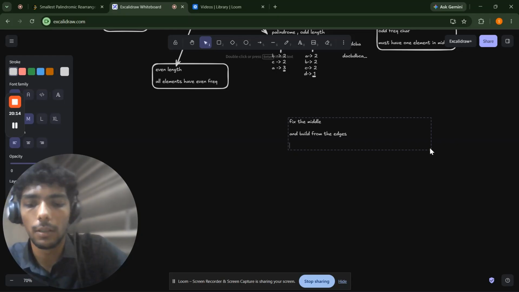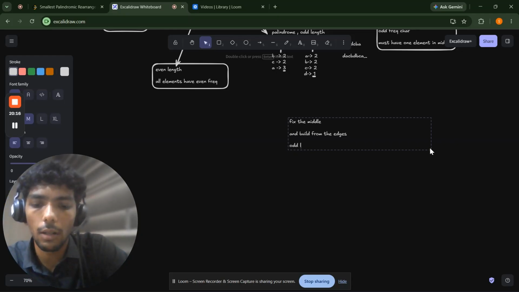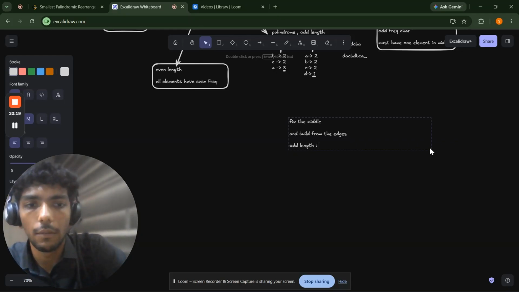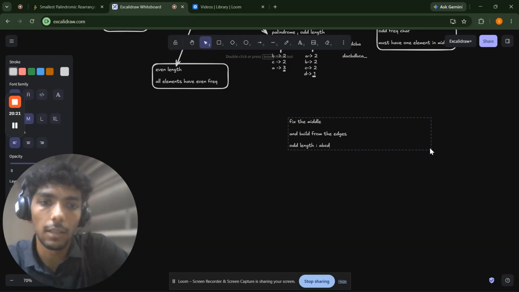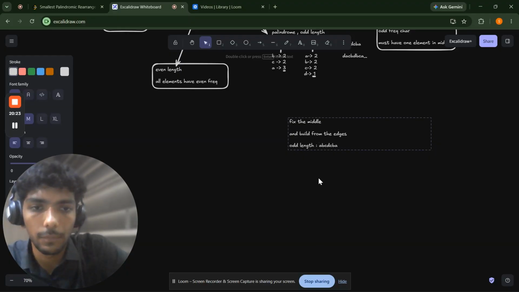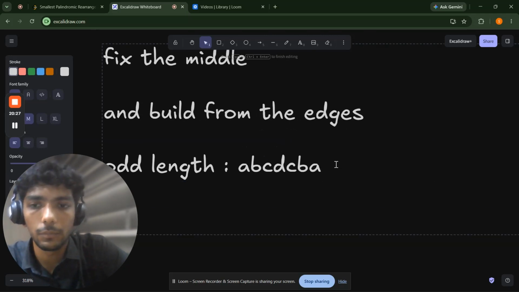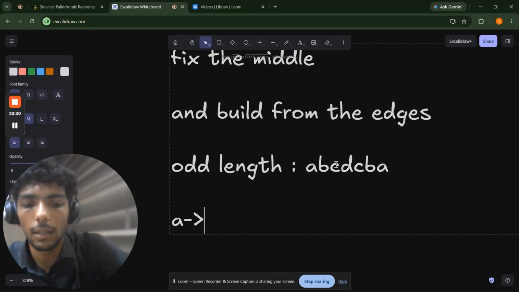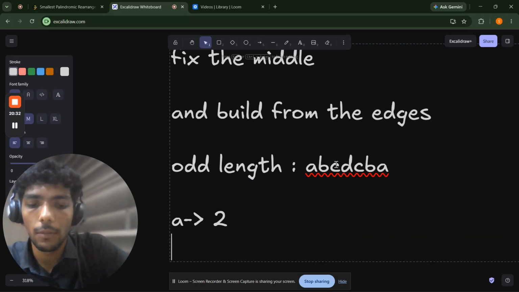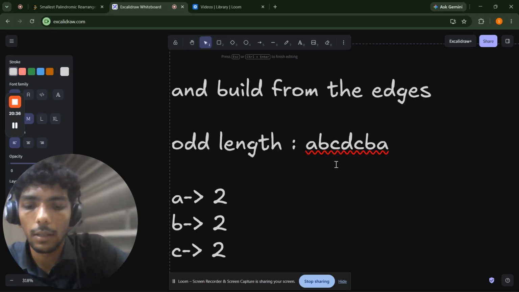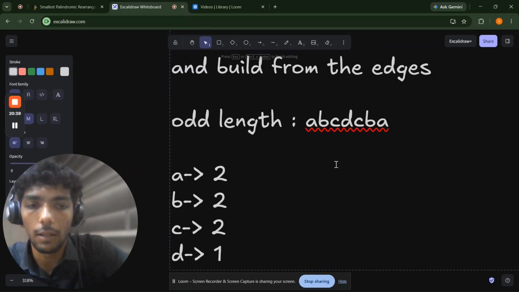Let's take the same example, odd length, and we will take an even one as well. A B C D C B A. A is two times, B is two times, C is two times, and D is one time.